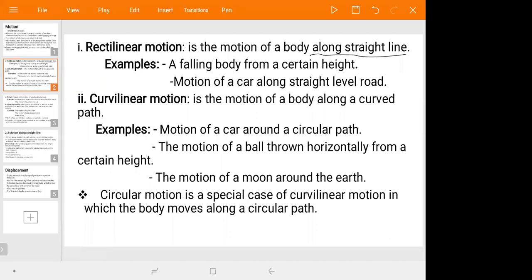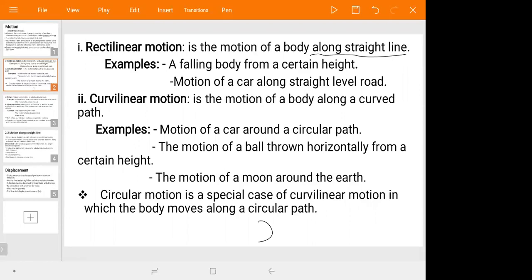The second one is curvilinear motion. Curvilinear motion is a motion of a body along curved paths. If the motion occurs on curved paths, you can say that motion is what type of motion? It is a curvilinear motion. For example, motion of a car around circular paths.